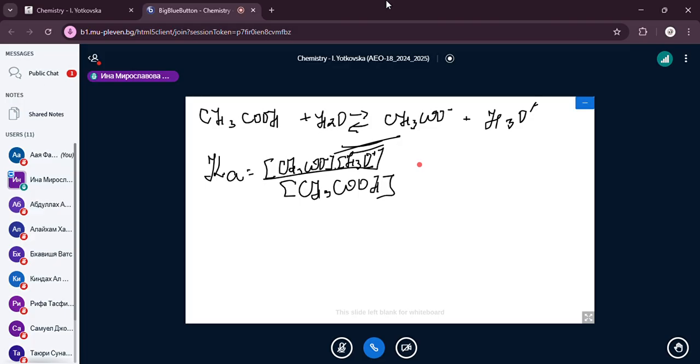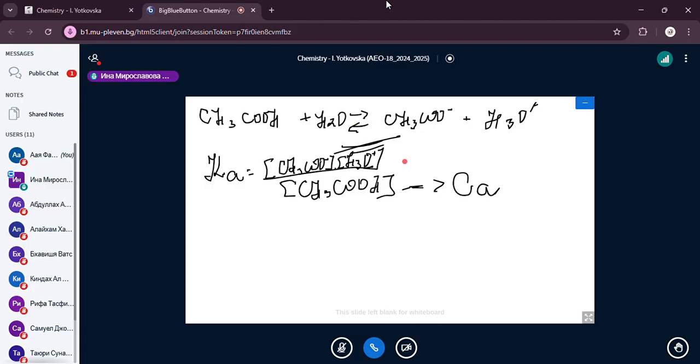When we speak about acid reaction, generally, we can say that we can replace the concentration of the acid just with the concentration of any weak acid.